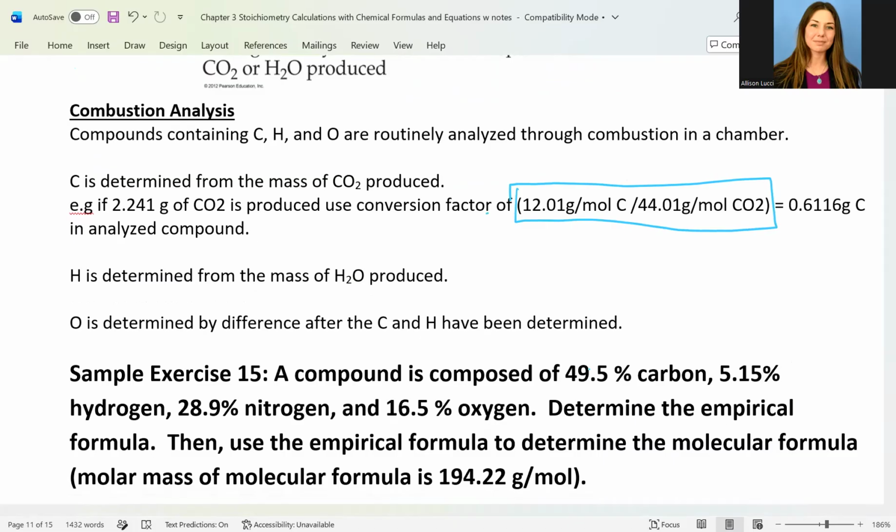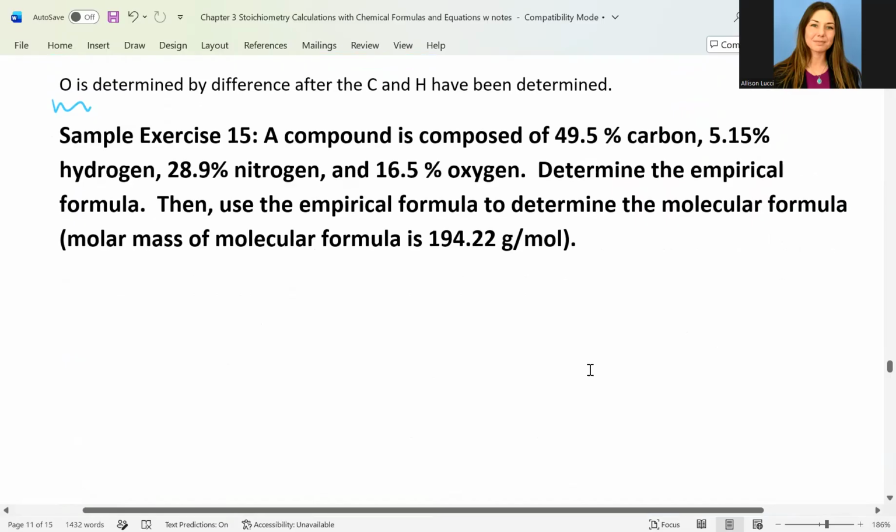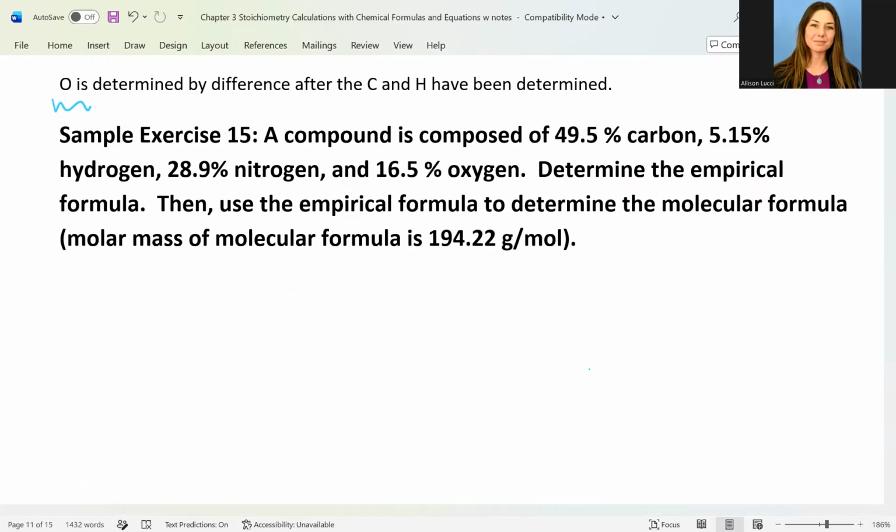So we could figure out exactly the mass of carbon in the original sample, utilizing the mass of CO2 produced. The same will be done to determine the mass of hydrogen in the original sample based on the H2O produced. And any remaining amount would be oxygen in this sample. So again, combustion analysis can be useful to determine those mass percentages in an unknown compound.